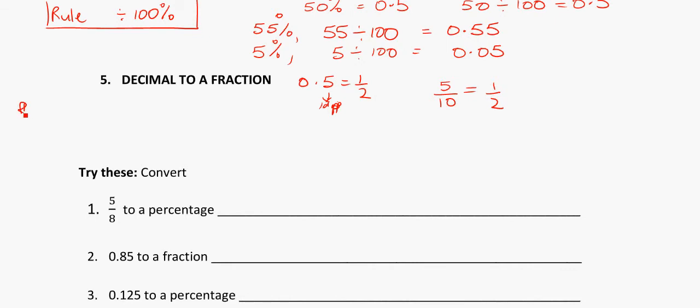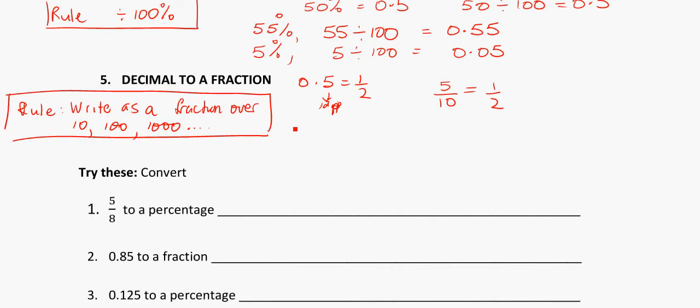So the rule is write it as a fraction over either 10 if it's 1 dp, 100 if it's 2 dp, 1000 if it's 3 dp, and so on.